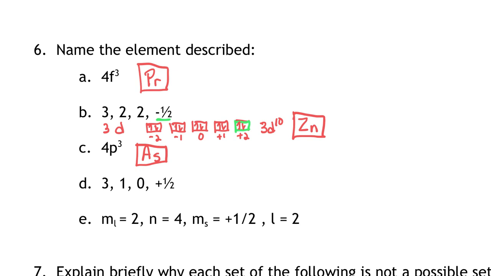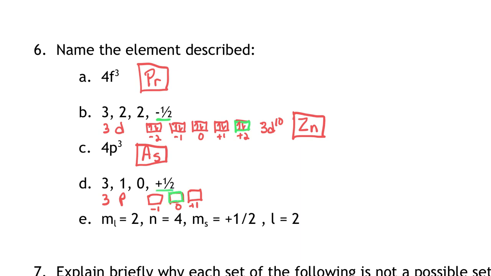All right, another one I've got to tear apart. We're in the 3rd energy level. L is 1, so 0 is S, 1 is P. P has 3 suborbitals: 0, -1, +1. So the one I'm going to be kind of focused on is this one here, and I'm going to be looking for that up spin.